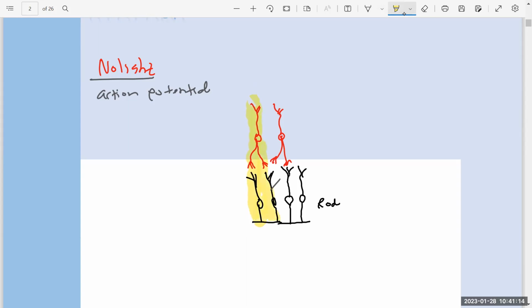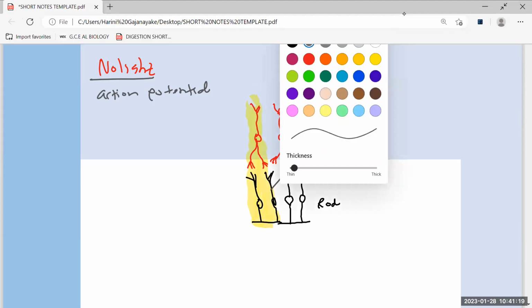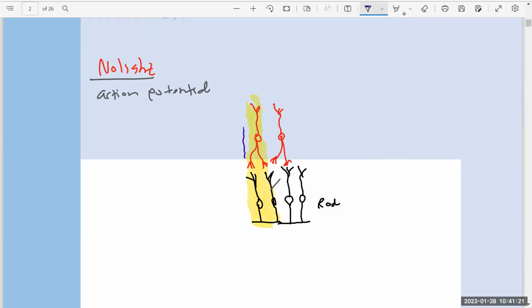So these highlighted cells continuously send impulses to the brain, and the brain identifies it as dark. So I hope you understand now. It can make a continuous signal to the brain when it is dark. That means synaptic transmission takes place.